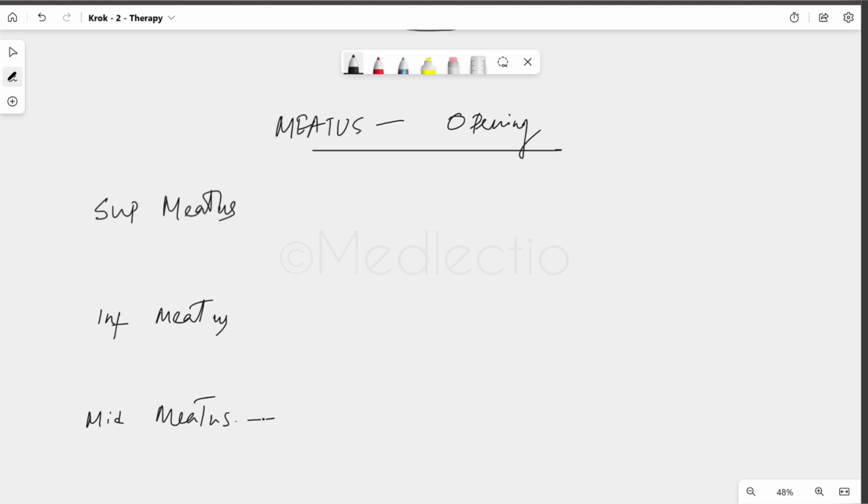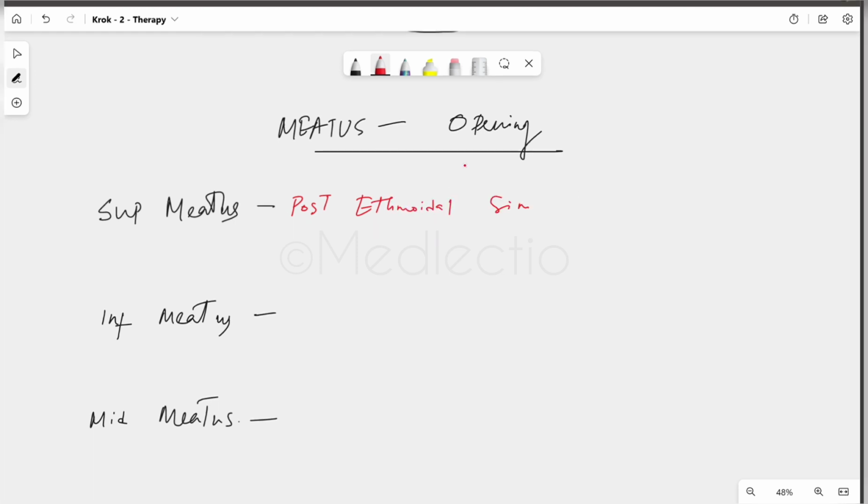Now we will see which sinus drains where. In the superior meatus we have posterior ethmoidal sinus drainage. In the inferior meatus we have the nasolacrimal duct opening.